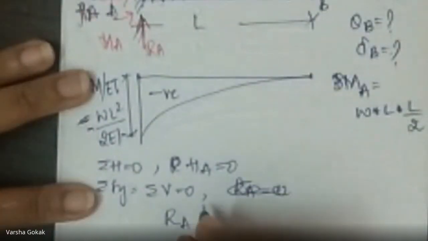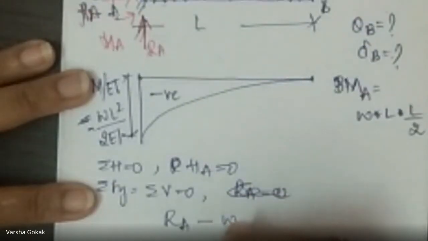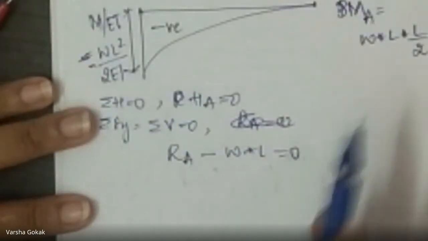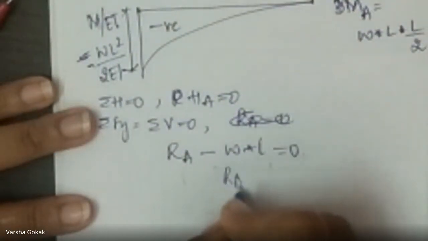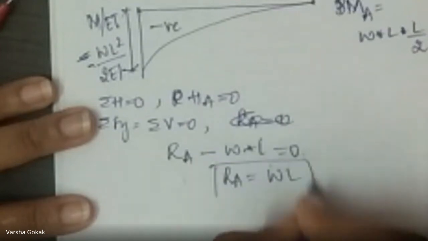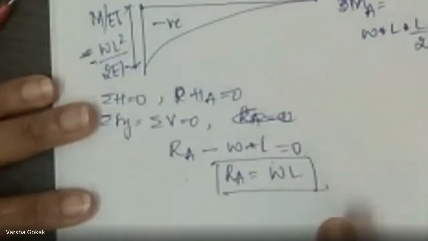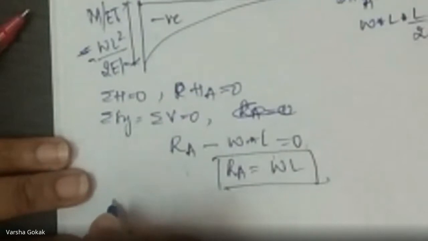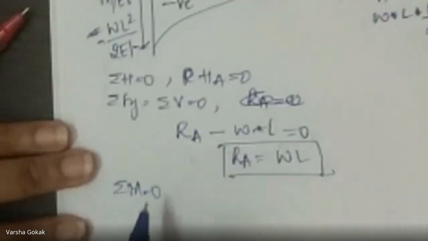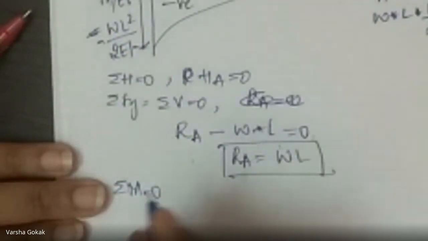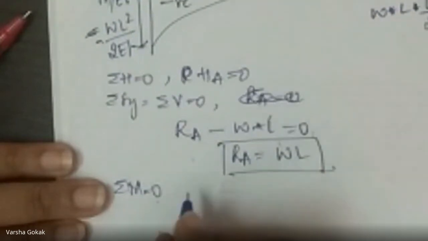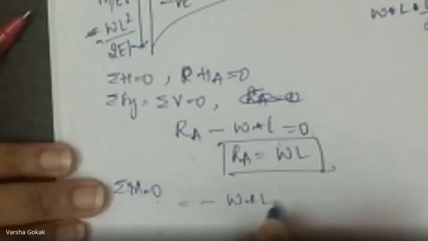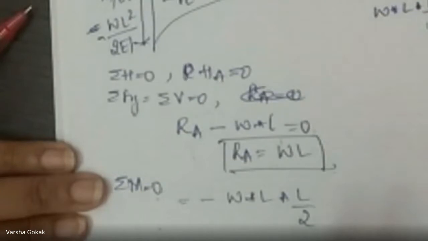So RA minus W into L equal to 0. RA is an upward load and W into L is a downward load. So what is the value of RA? It is W into L. Then if I write summation M equal to 0, that means I want to find the moment. It is nothing but WL square by 2, that is W into L into L by 2.